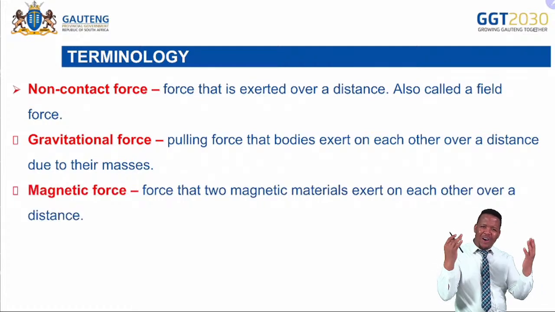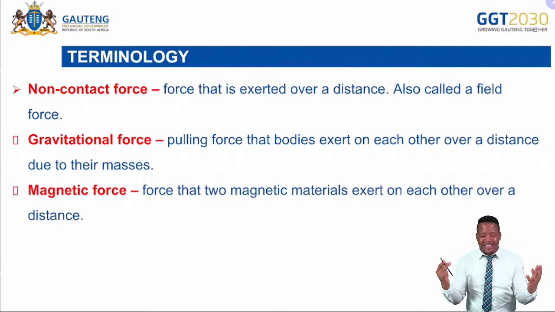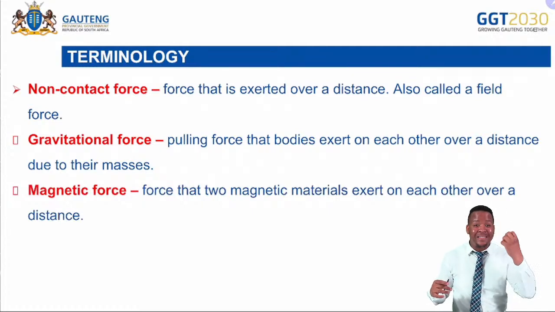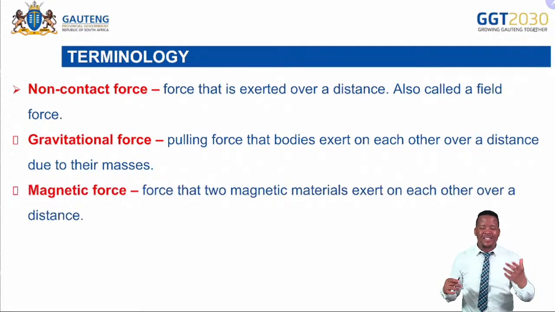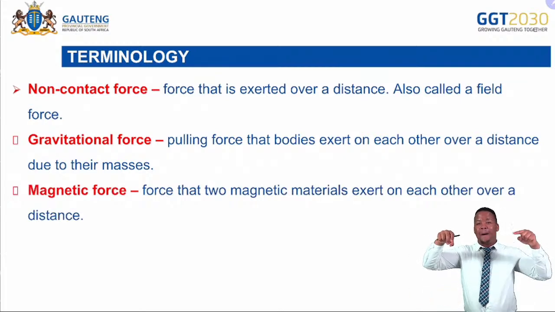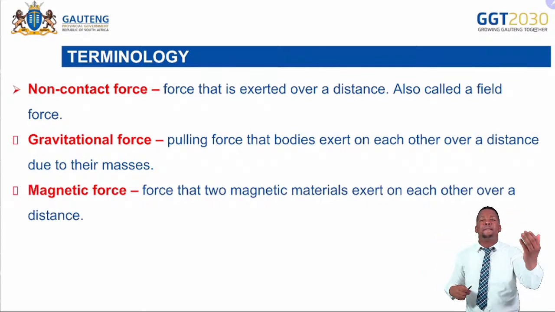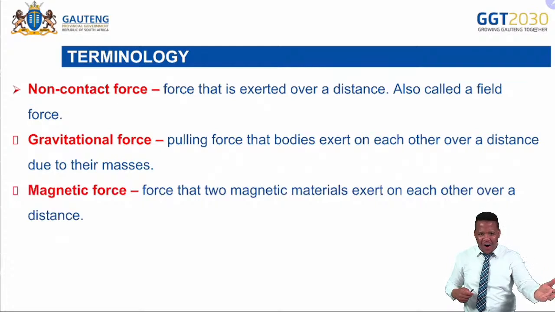When we talk about magnetic force, we are referring to a magnet. A magnetic force is a force that two magnetic materials exert on each other over a distance. When you put a magnet and a coin together, whenever the coin is pushed or pulled by the magnet, that's what we call a magnetic force.